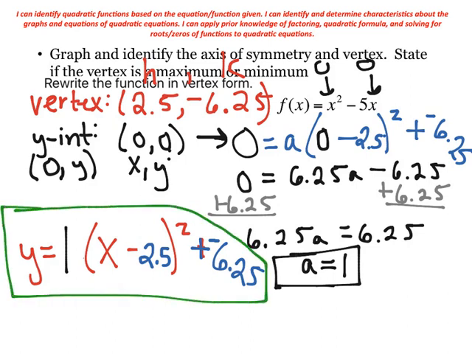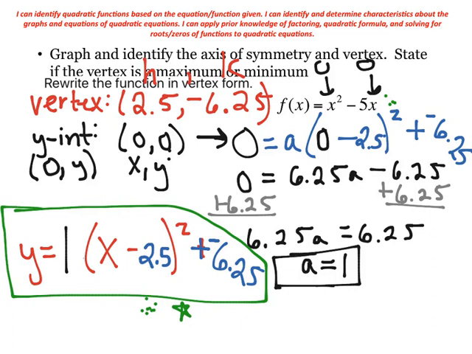Now, for those of you that are using a graphing calculator, you've got one extra step that you can do. You can type this into your graphing calculator, and you can graph the original function, x squared minus 5x. You can put both the original function and your final answer into your graphing calculator and look at what you get. When you graph both of those, you should only see one graph.